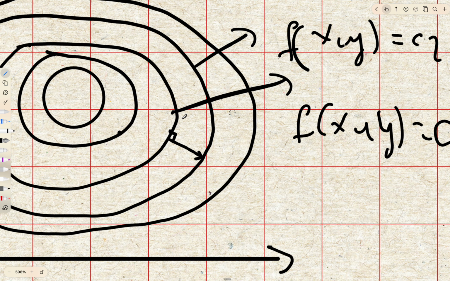Let's say we have, let's say this is the contour lines of g. And let's say this is the contour lines of our f.